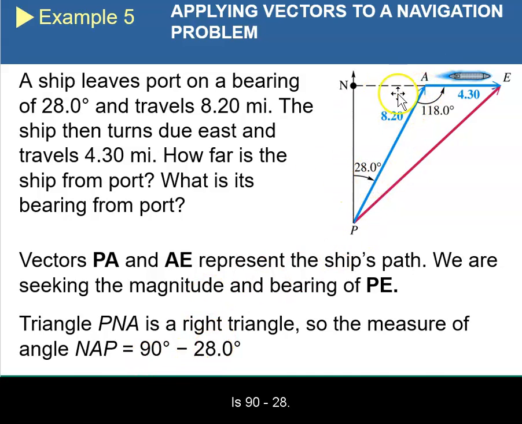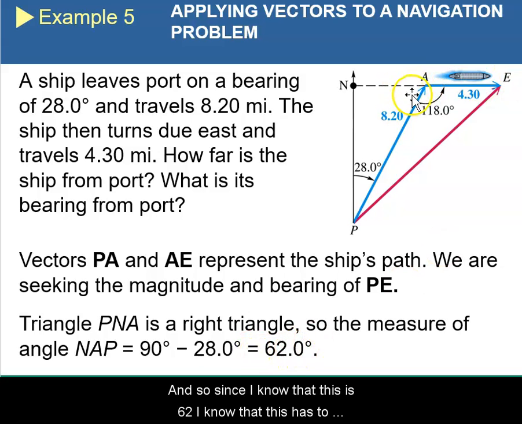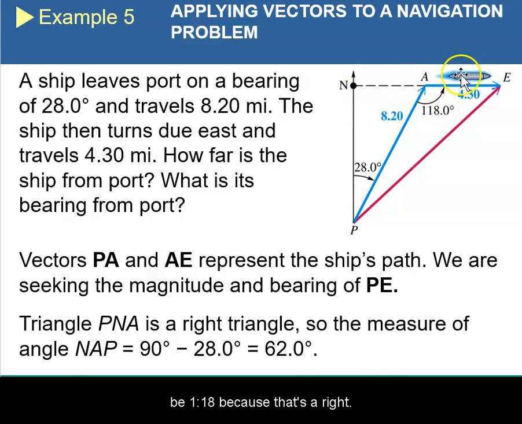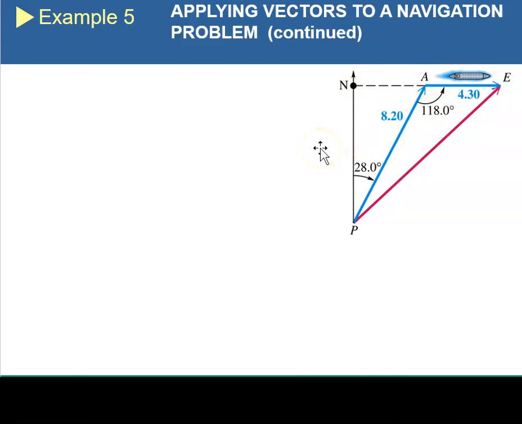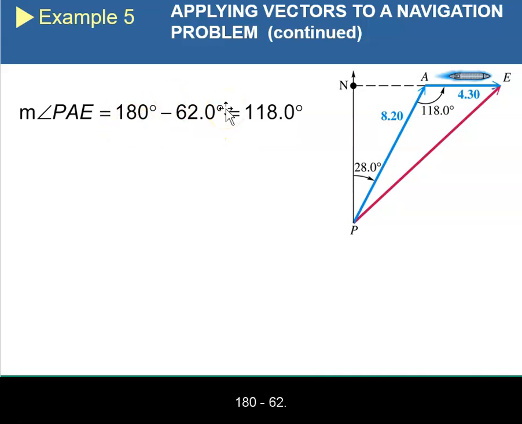So I know this angle, and I can figure out this angle. And that's how I'm finding this 118. Since I know that this is 62, I know that this has to be 118 because that's a right angle. So the measure of PAE, as we just talked about, is 180 minus 62. It's going to be 118.